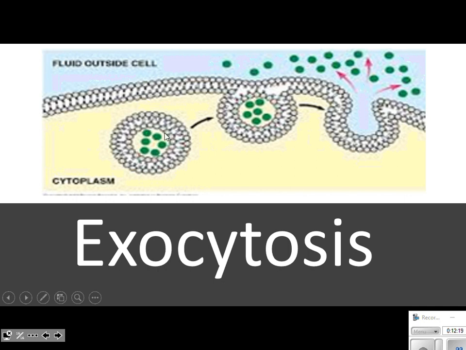So what happens is the vesicle gets over here by the cell membrane, and it starts to become engulfed by the cell membrane. Eventually, there's an opening here where all of the little green dots exit out of the particular cell.